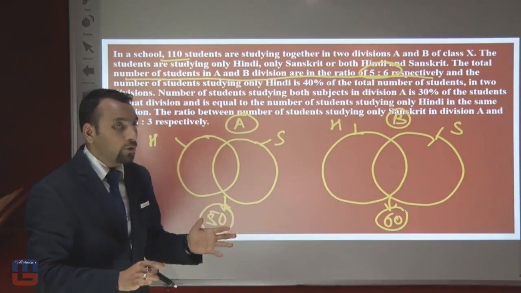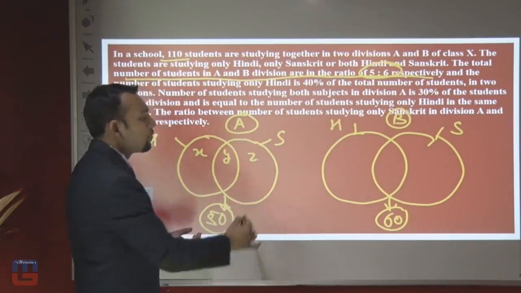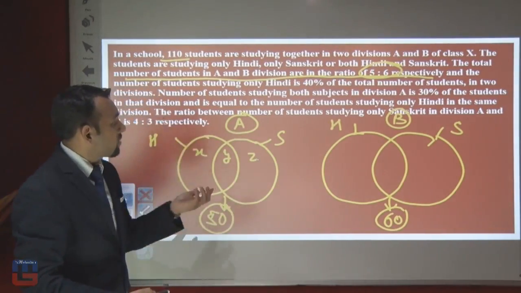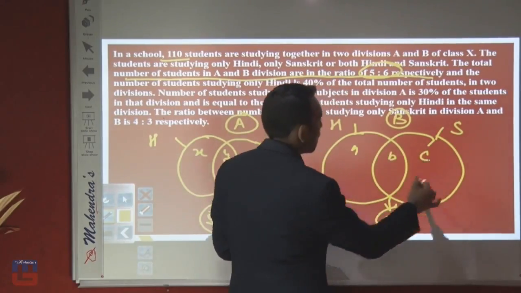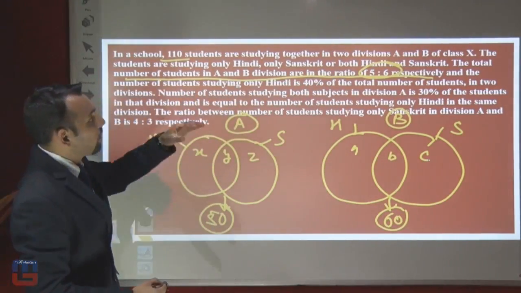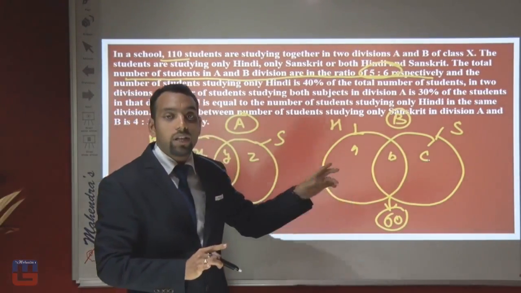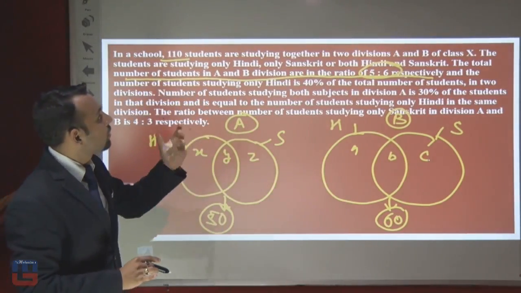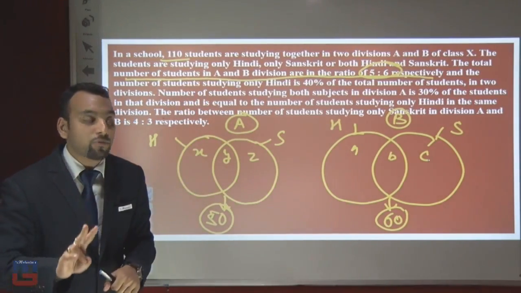So basically we have no idea, so let us consider this is X and this is Y, this is Z. Now in the same way this is A, this is B, and this is C, and what the question is saying, only Hindi, that is X, in division B only Hindi, that is A. So the sum is 40%, so 40% of 110 will be 44.